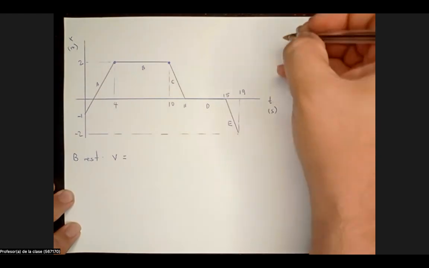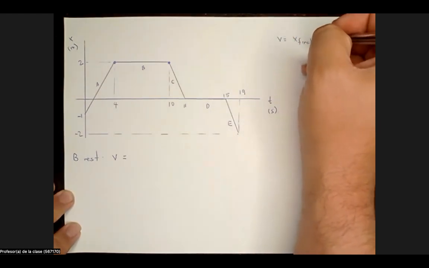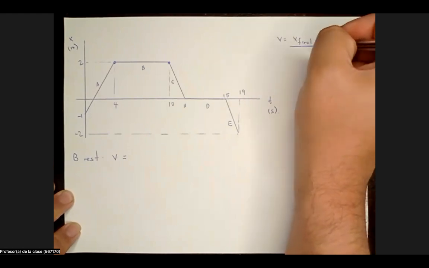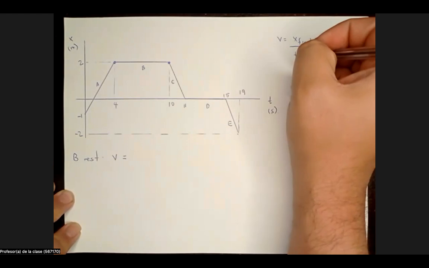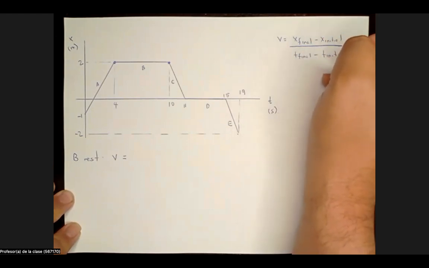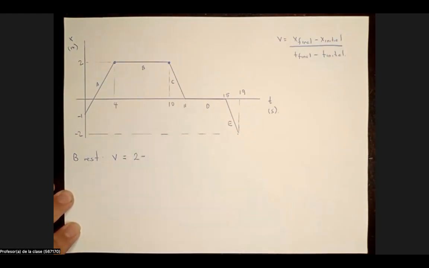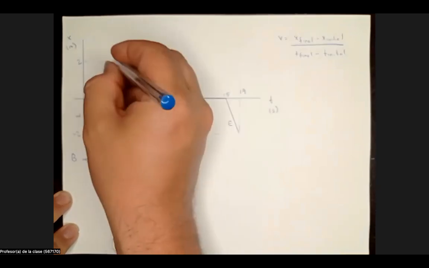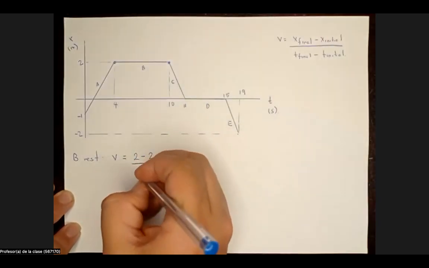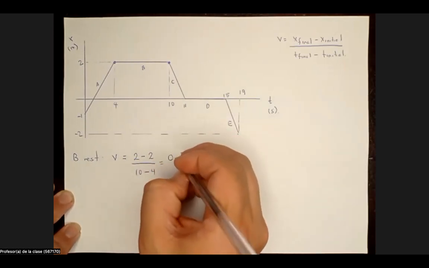Remember the formula: final position minus initial position, divided by final time minus initial time. Final position will be 2 at B. Initial position will be 2 again. Final time 10, initial time 4. That will give us 0.